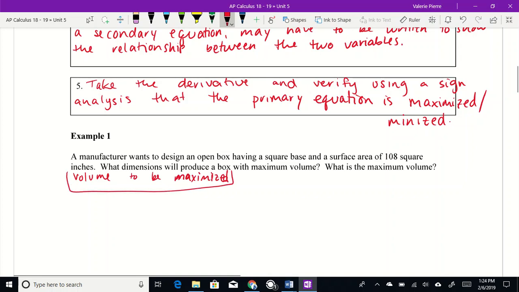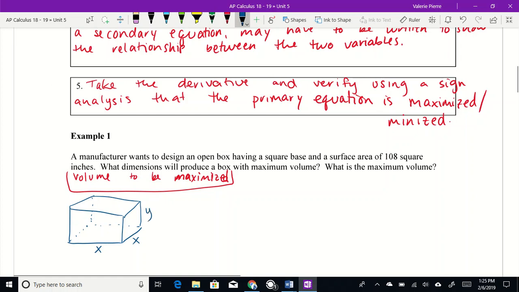Okay, so this manufacturer is building a box, open box, right? So there's no cover on this box. It has a square base, so that means this side and this side are the same.